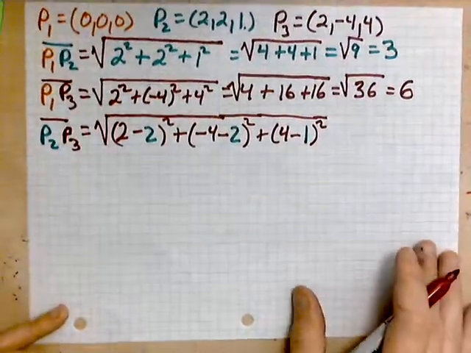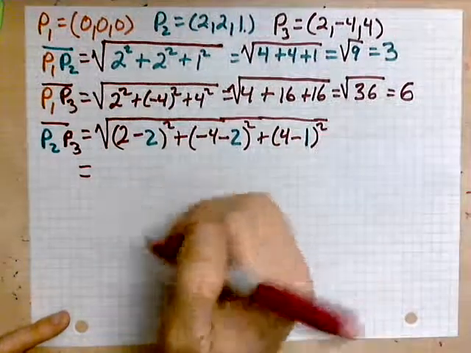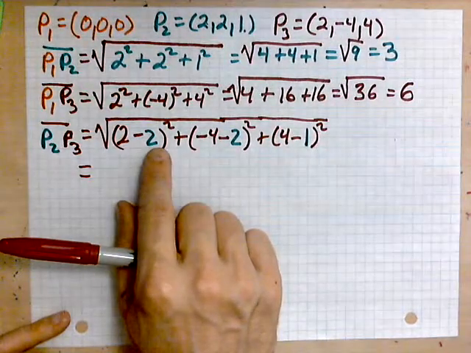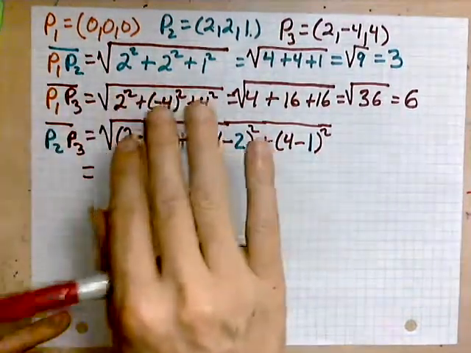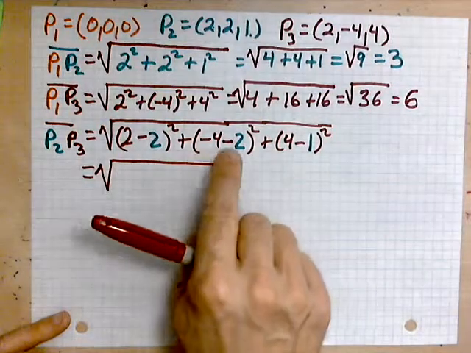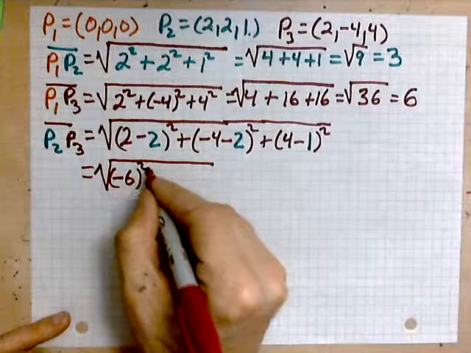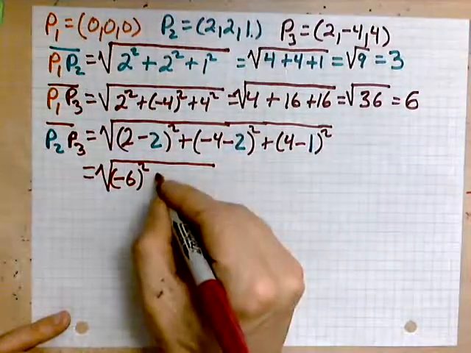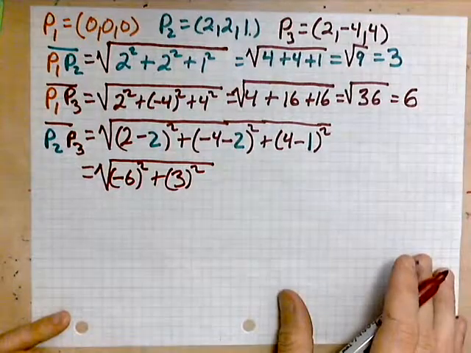Now we work on this as follows. Well, 2 minus 2 is 0, so all that ends up being here is 0 squared, which is 0. So in other words, 2 minus 2 squared disappears, plays no role. So all that remains is -4 minus 2, which is -6 squared. 4 minus 1, of course, is 3, so you square that.